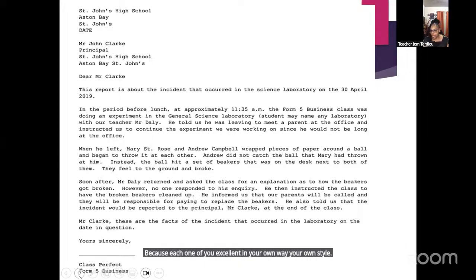What I am trying to get you to do is this: there are certain success keys that we look at in writing: sequencing, organization, coherence with transitional words, relevant information, accurate information. That is what we are looking at when you are writing.